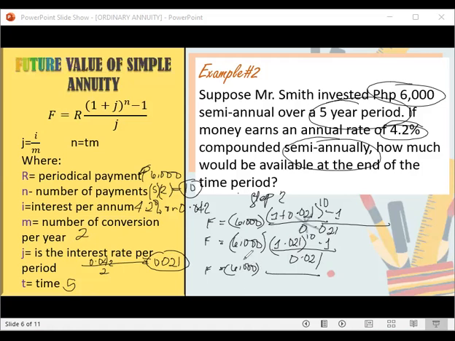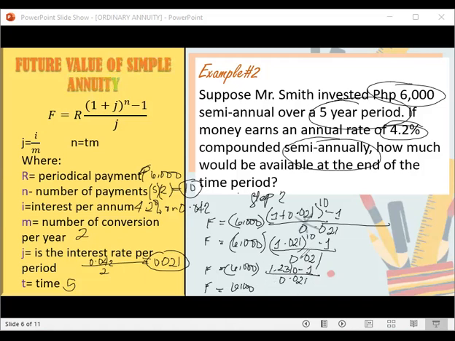What is the answer? Okay, it is 1.2310 minus 1 over 0.021. Okay, so what is the next step? What is the next step? Okay, same still, copy 6,000.